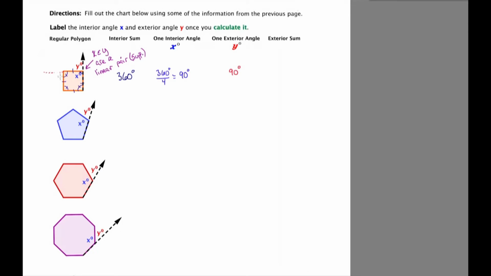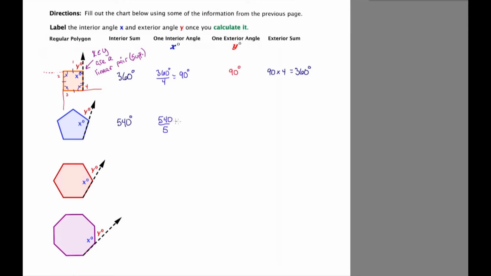So then if I know one interior angle, I can find the exterior angle by subtracting that from 180. Now I know I've got 4 congruent exterior angles. If I take the 90 degrees and multiply it times 4, I get 360, which is the exterior sum of the square here. So we're going to do the same steps for the rest of the polygons here.